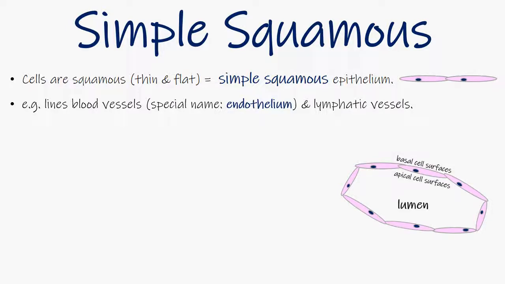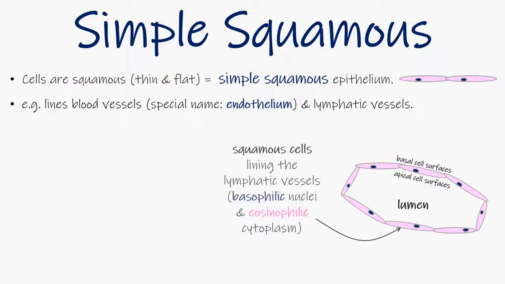This clearly demonstrates how a single layer of squamous cells can make up a blood vessel or a lymphatic vessel. Such a thin layer of cells is functionally important in these locations for easy diffusion of such things as oxygen or fluids across the epithelium.